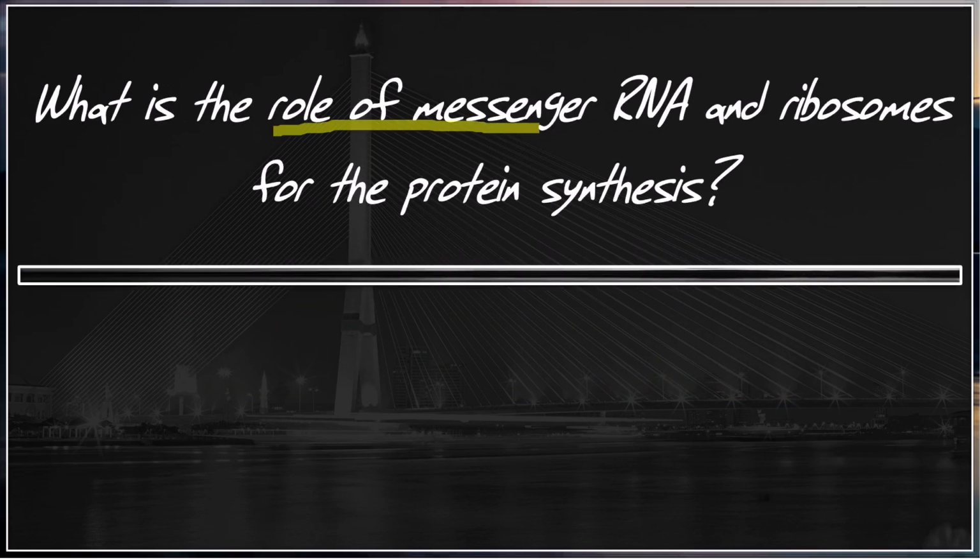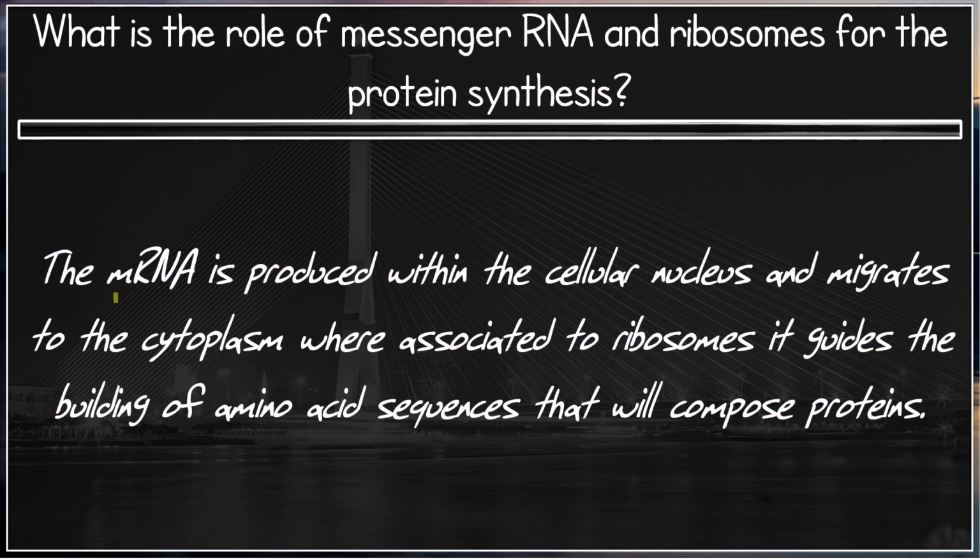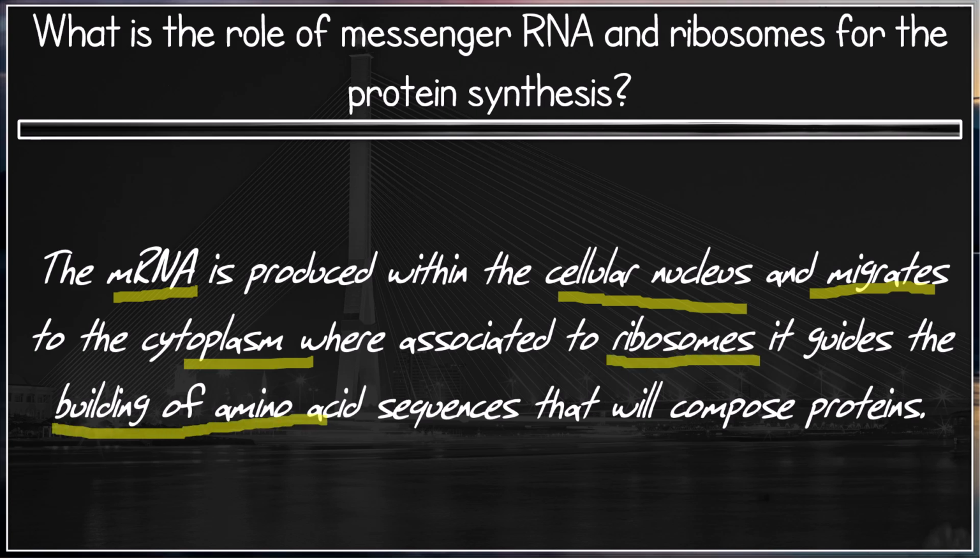What is the role of messenger RNA and ribosomes for the protein synthesis? The messenger RNA is produced within the cellular nucleus and migrates to the cytoplasm, where associated with the ribosome, it guides the building of amino acid sequence that will compose proteins.